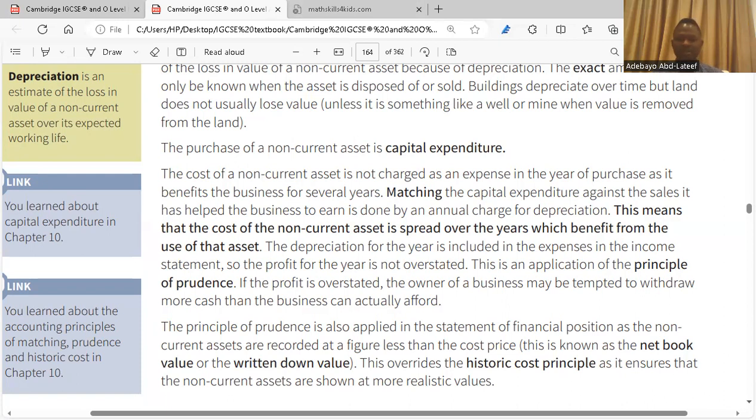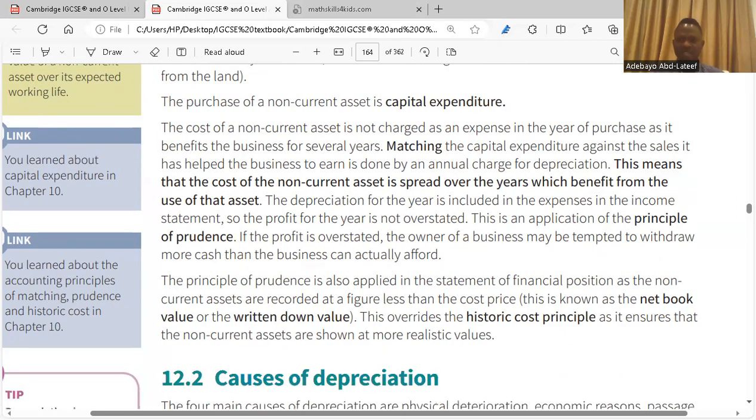Is it clear? Yes. So the depreciation for the year is included in the expenses in the income statement, so the profit for the year is not overstated. This is an application of the principle of prudence. If the profit is overstated, the owner of the business may be tempted to withdraw more cash than the business can actually afford.